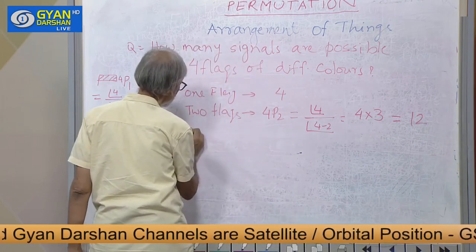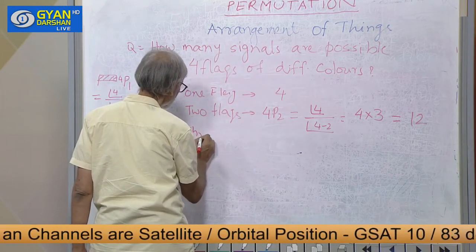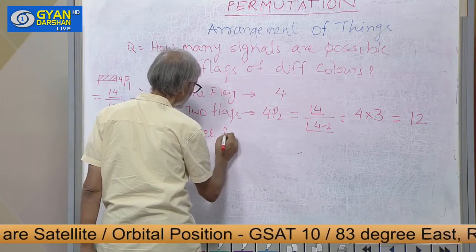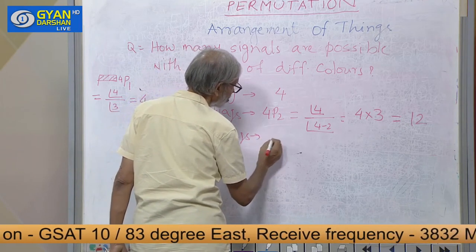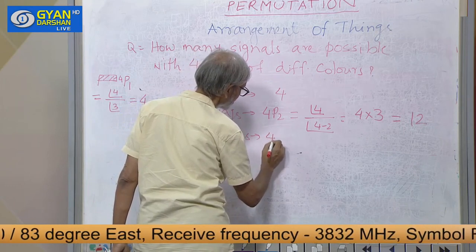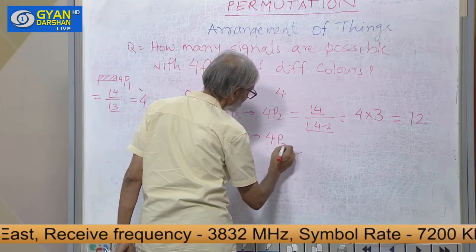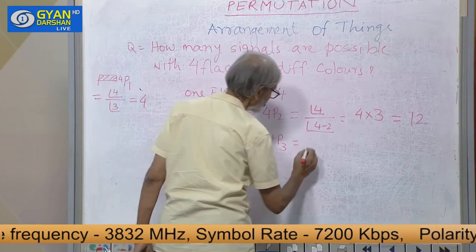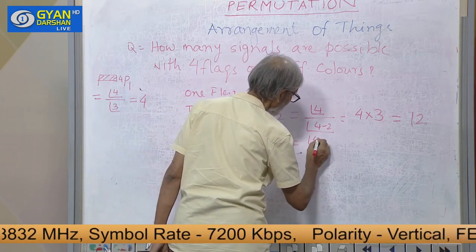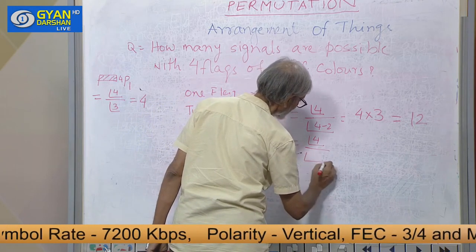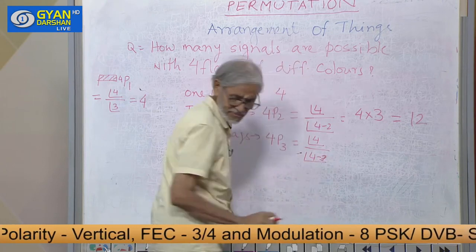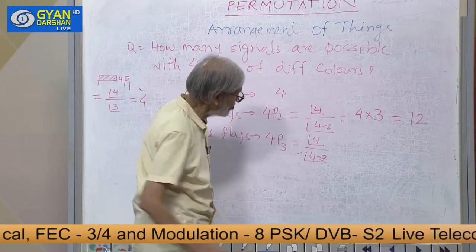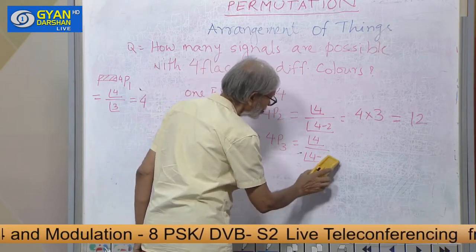Now, taking 3 flags at a time, this will be equal to 4 P 3, which is factorial 4 divided by factorial 4 minus 3, which is factorial 1, equal to 1.